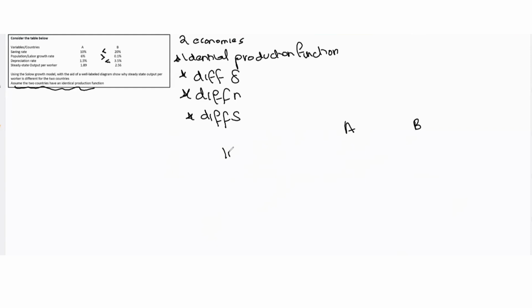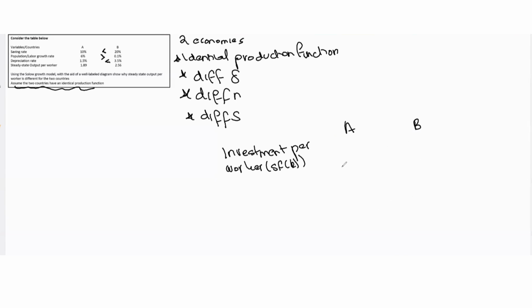So let's first compare investment per worker in both countries. Remember what investment per worker is? Investment per worker is found as s f(k), and f(k) is your output per worker, which is a function of capital per worker, or the per worker production function, that is identical for both of them.